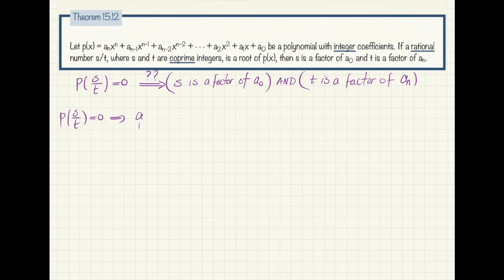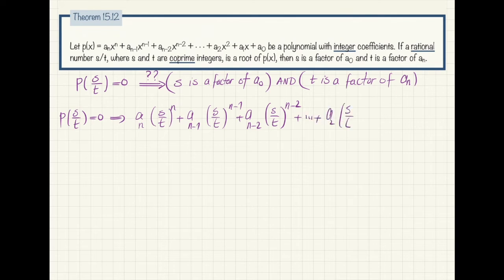This means that an (s over t) to the power n, plus a sub n minus 1 (s over t) to the power n minus 1, plus a sub n minus 2 (s over t) to the power n minus 2, and then if I continue, a2 (s over t) squared, plus a1 (s over t), plus a0 is equal to 0.